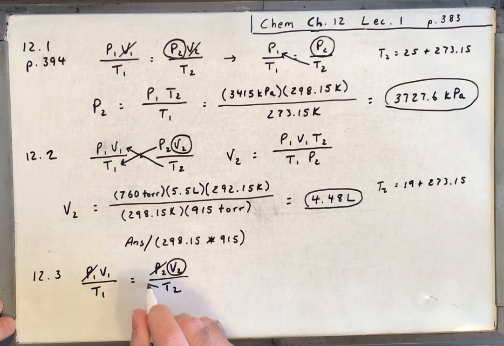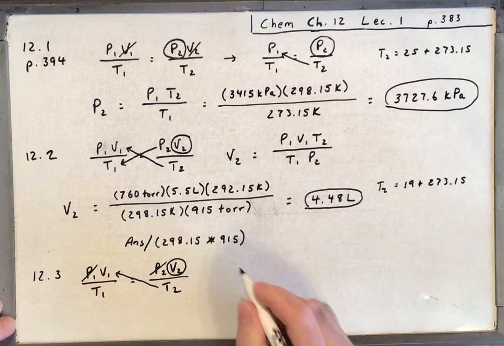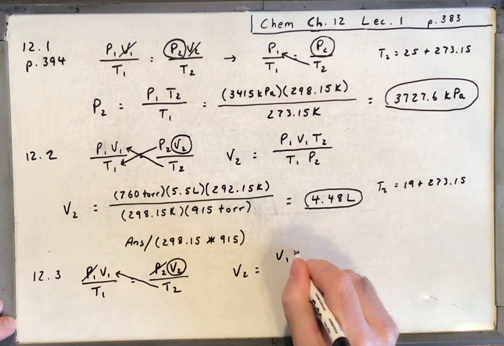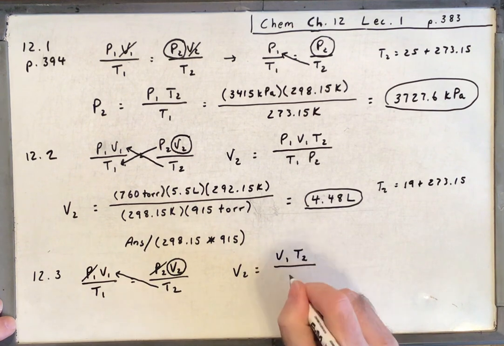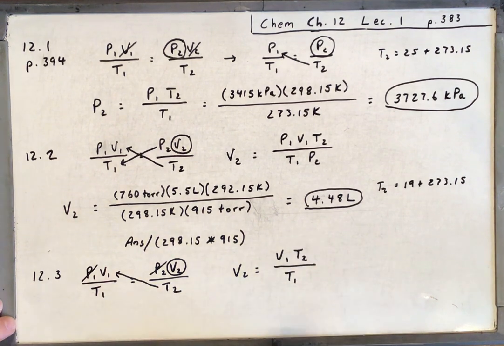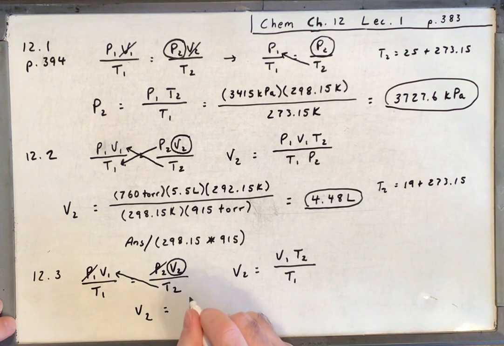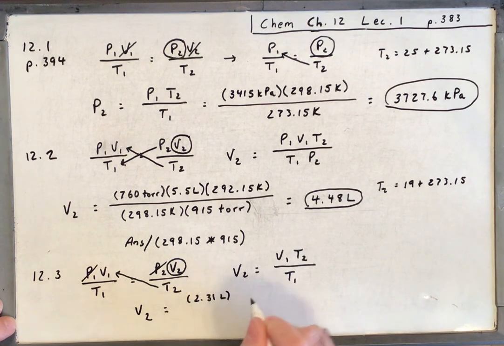So we're going to bring T2 up there. So V2 is equal to V1 T2 over T1. Our original volume of the balloon is 2.31 liters. Our second temperature is minus 5 degrees Celsius.